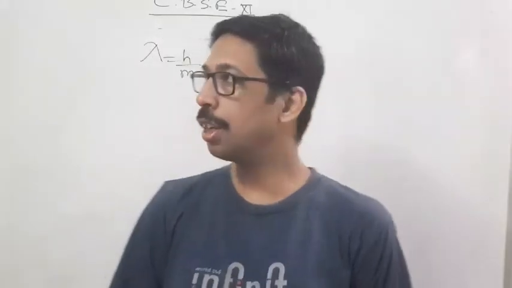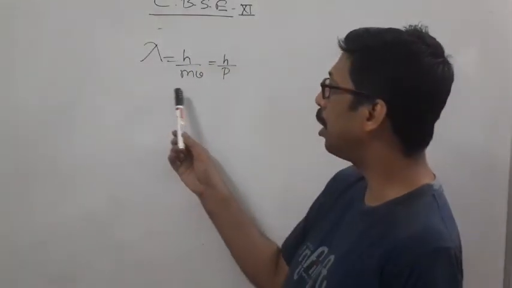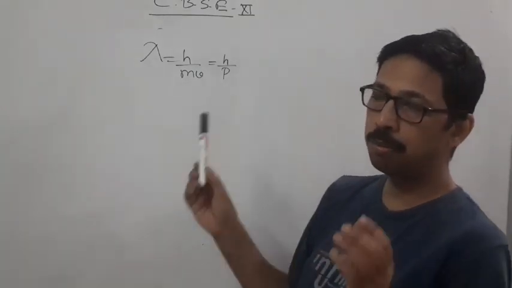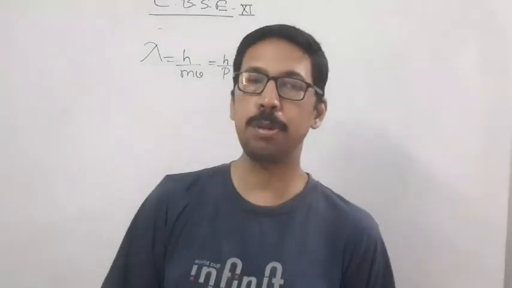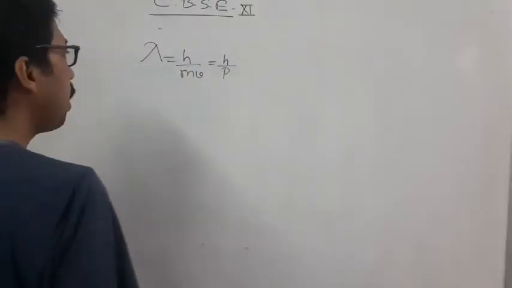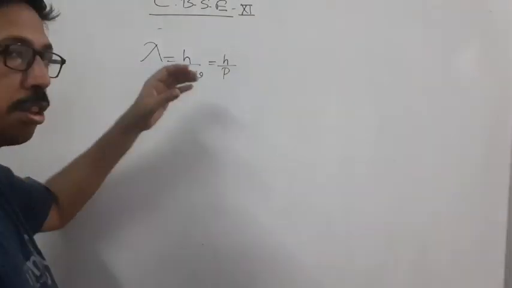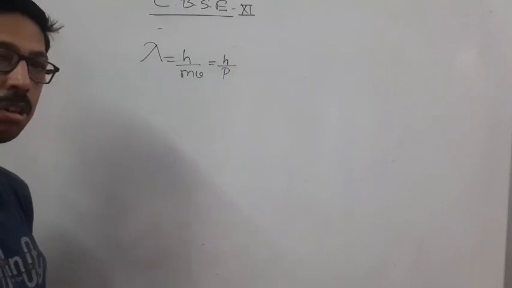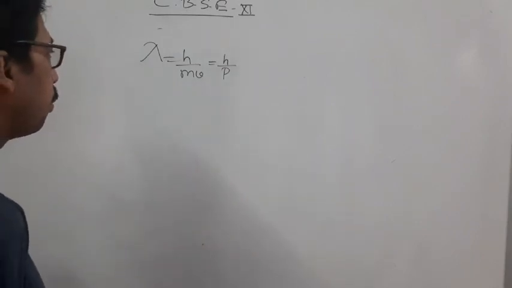Now you can see that the wave property is inversely proportional to the particle property because momentum is the property of a particle. And now we'll try to understand how this equation comes into action, or how the equation was proved.